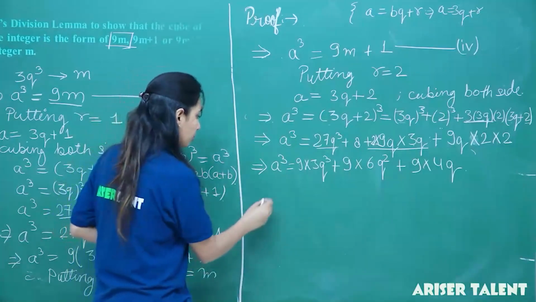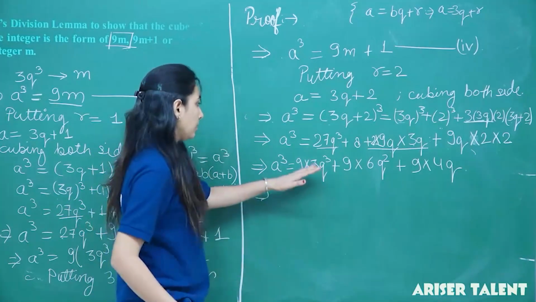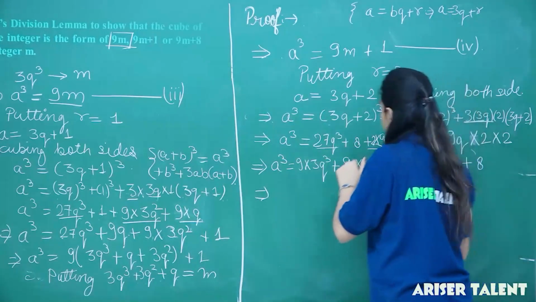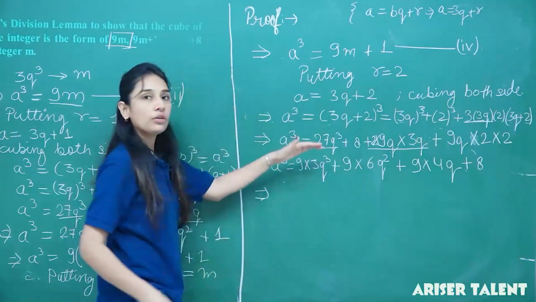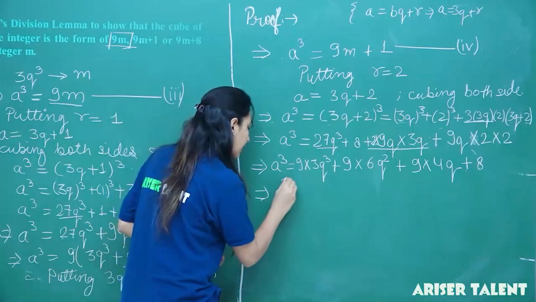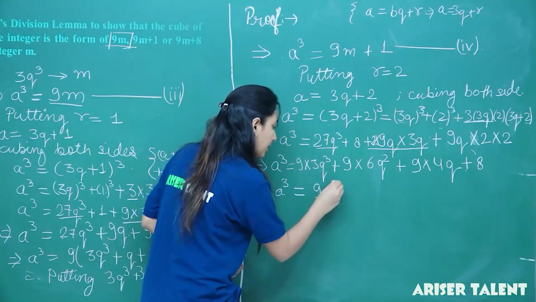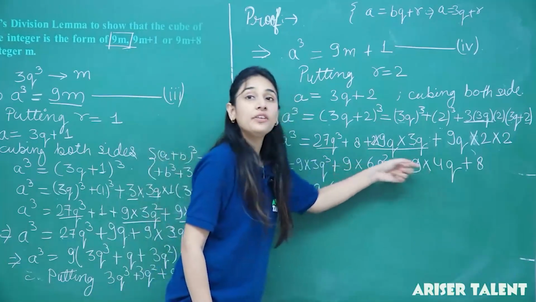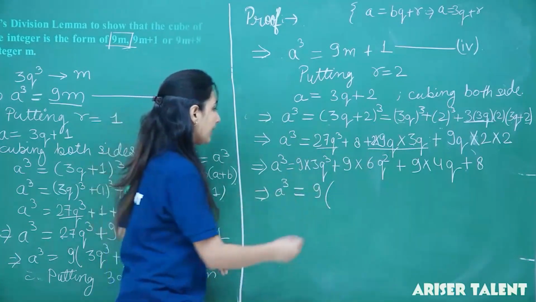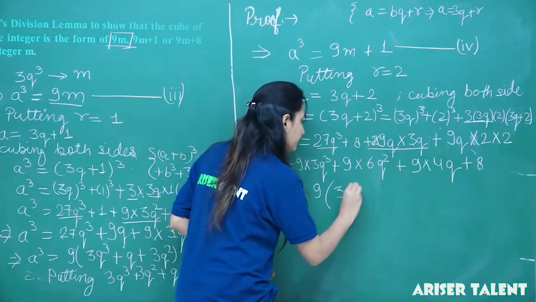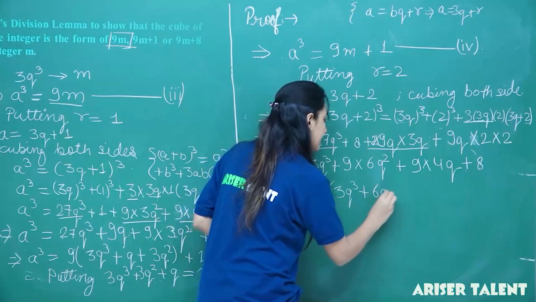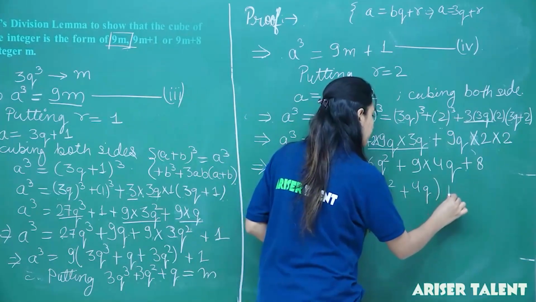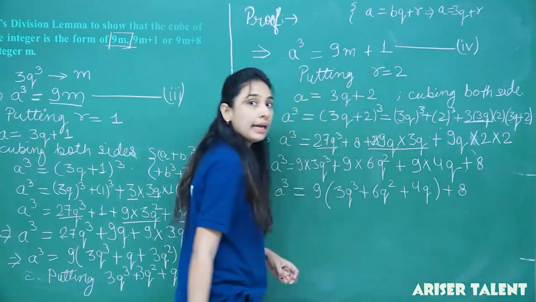Okay. So we have left 8 here, we will put 8 here again. So the equation is the same. Now again a cube will become, taking 9 common from these first three terms, we get 3q cube plus 6q square plus 4q plus 8.